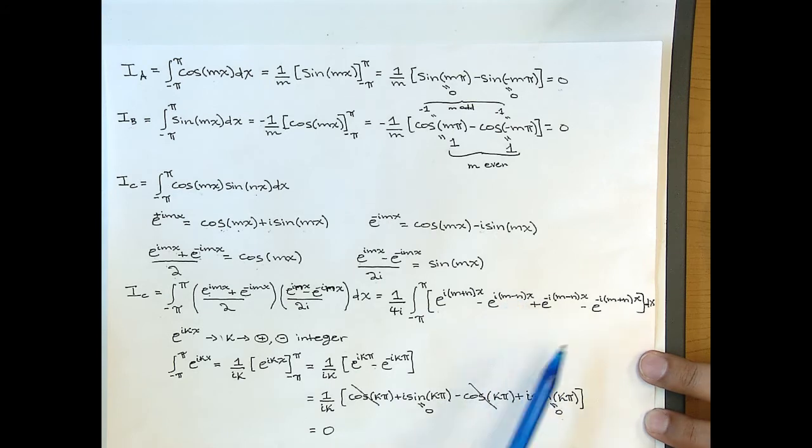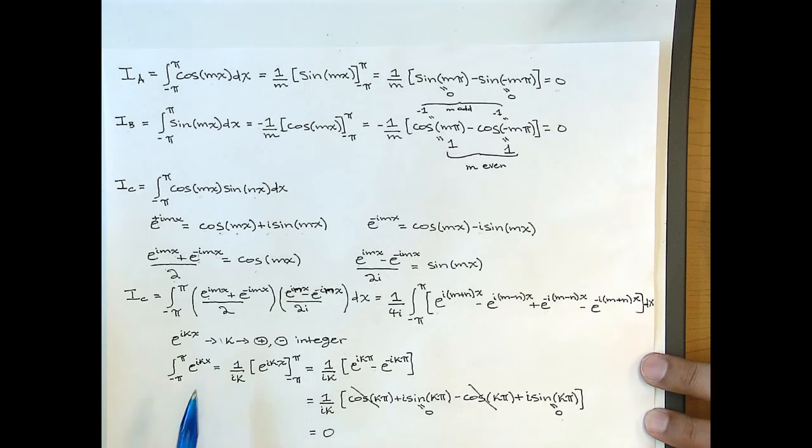Okay. Now you don't have to integrate all of these terms. Okay. If we just realize that these are all of this form, which is e to the i kx. Here k is a positive or a negative integer. Okay. So all of these terms are of the same form.